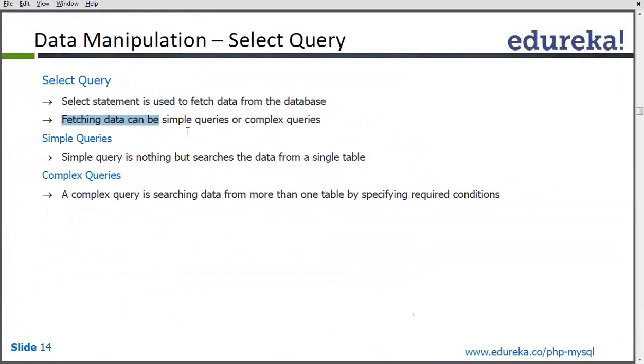If we get time, I will try to explain how we do a join of two tables. Then there is one more concept called a subquery. Join and subquery are both used to get data from multiple tables, but there is a bit of syntax difference and processing difference between them. Again, a simple query is straightforward, and a complex query uses multiple tables or complex conditions.